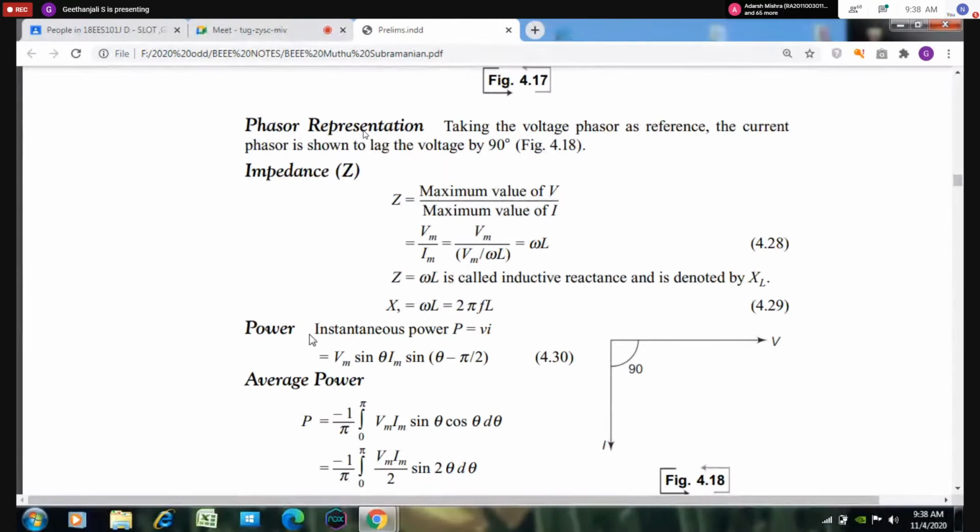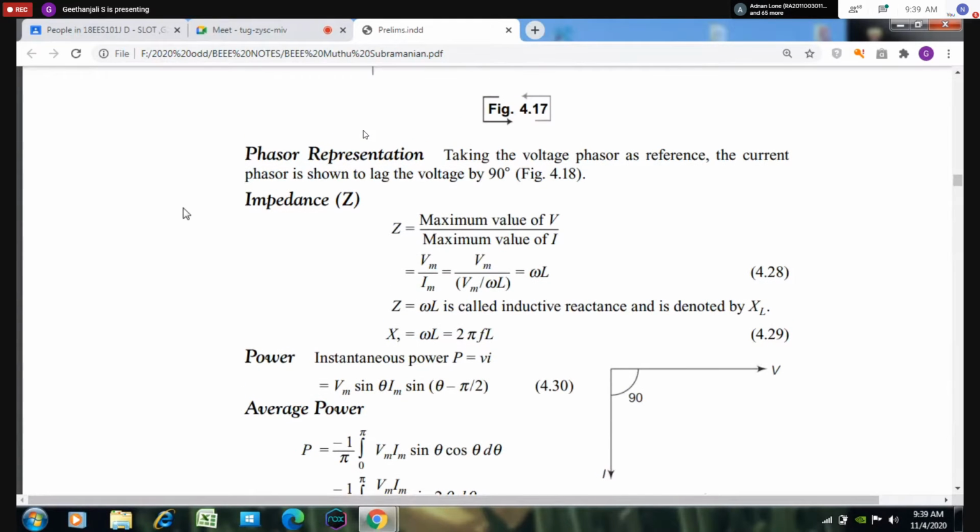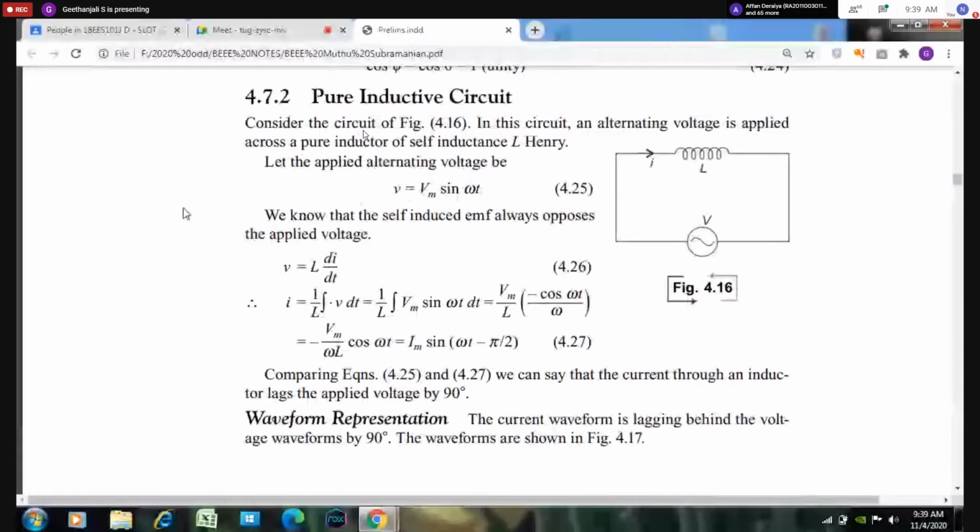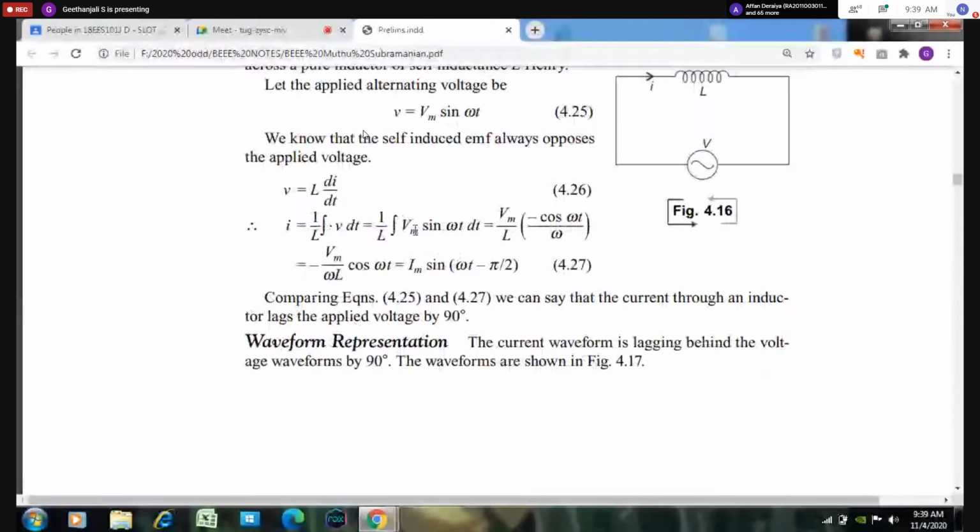We have obtained this from the expressions of V and I. We know the impedance is the maximum value of voltage divided by the maximum value of current, so Z is Vm by Im. Im we know from the expression: Im is Vm by omega L. Cos omega t you can write as sin of omega t plus pi by 2; both are the same.